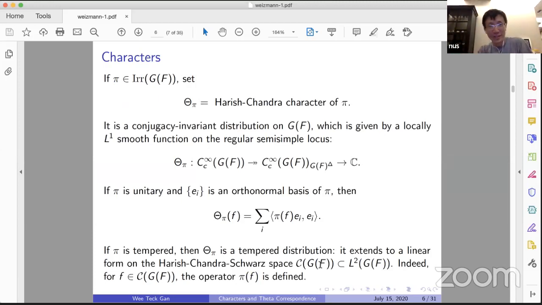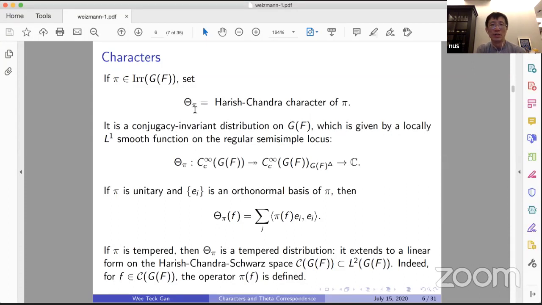Now I come to the other term in the title of the talk, namely characters. If pi is an irreducible representation of, say, a p-adic group G(F), then one may consider its so-called Harish-Chandra character, which unfortunately is also denoted by Theta for some reason. What is that?